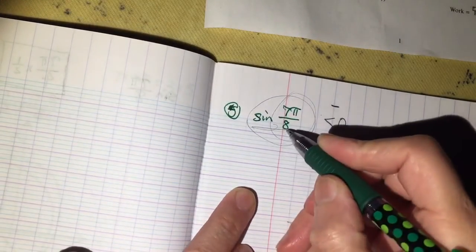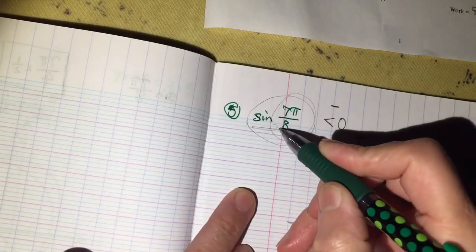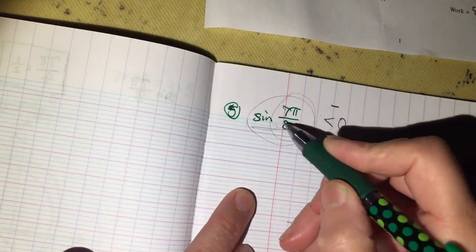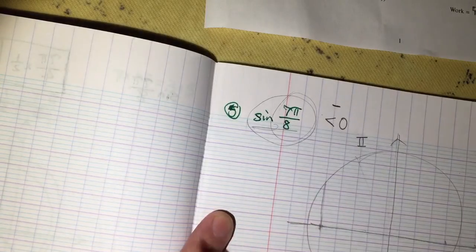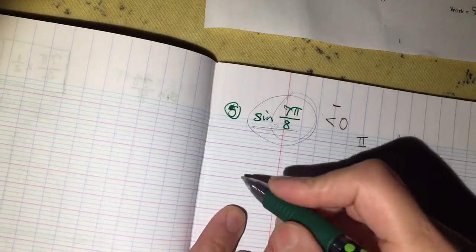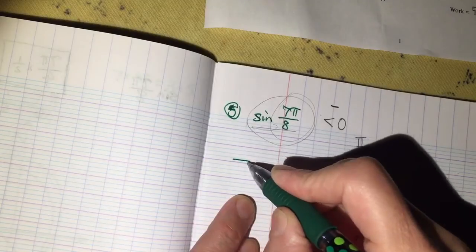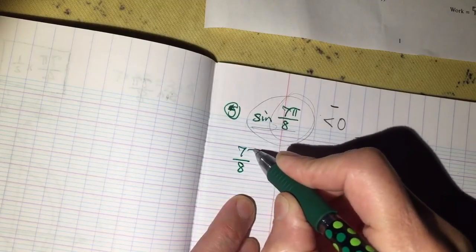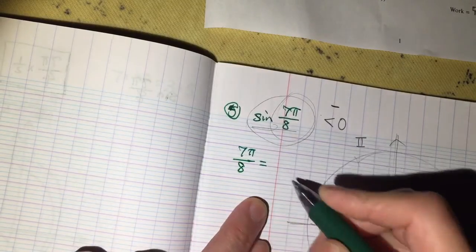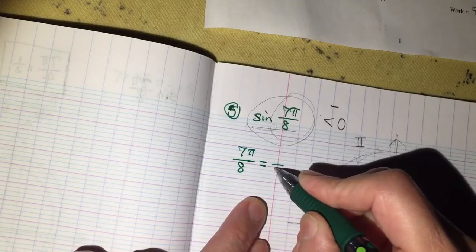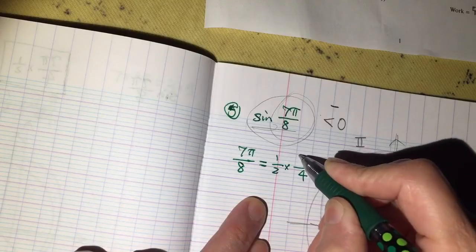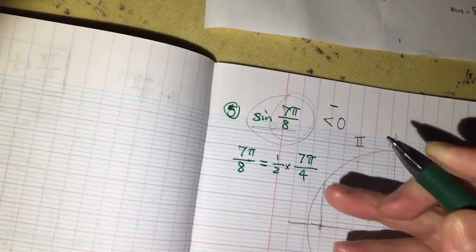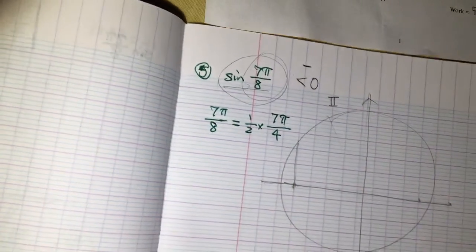We can suppose this as a half angle of a full angle, and this full angle will be equal to twice 7 pi over 8, which is 7 pi over 4, right?